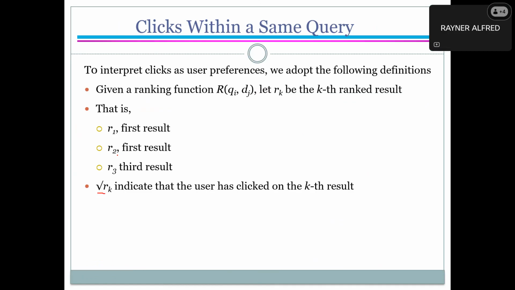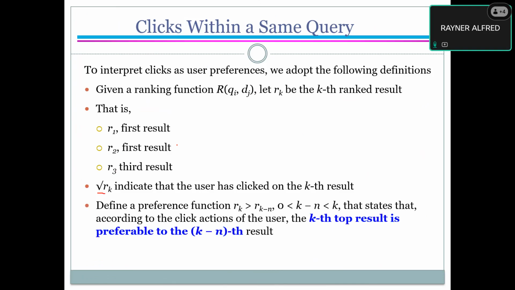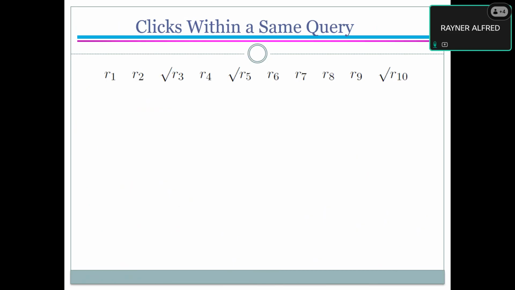So R1, R2, R3 represent the first, second, and third result. So if we have the list, for example, like this, that means we only clicked 3 documents here: the result number 3, result number 5, and result number 10.